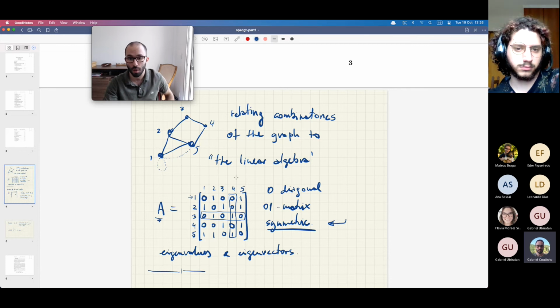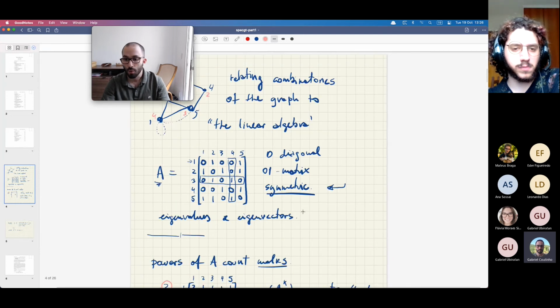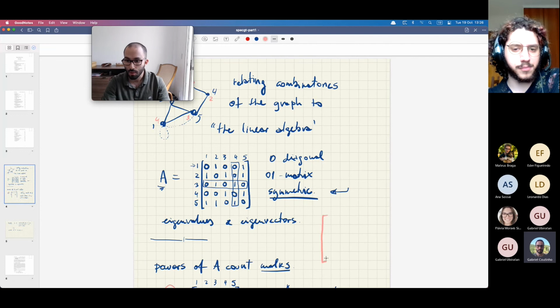Arguably, if I had decided to number this 1, 2, 3, 4, and 5 differently, I would have written a different adjacency matrix of the graph.